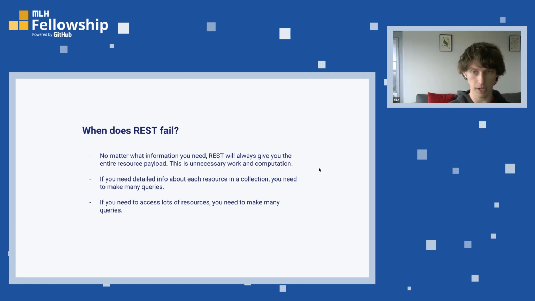That's called an N+1. The 1 is referring to my request for the collection, and then I have to make N more HTTP queries to get all the data I need. That's slow. It's going to take a while. If I need to fetch 100 users, I'm making 100 HTTP requests.